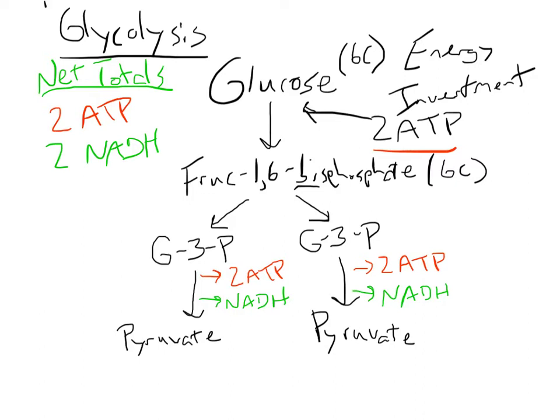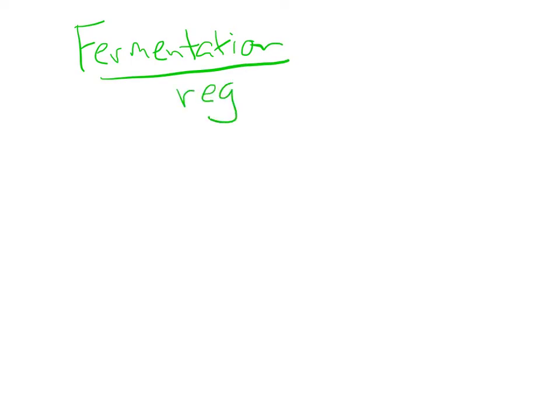Now let's move on and stick to anaerobic respiration just for the moment. So during anaerobic respiration, these pyruvates right here are going to move into fermentation. So fermentation, sticking with green for the moment, is simply a way to regenerate, let's get messy, NAD+.